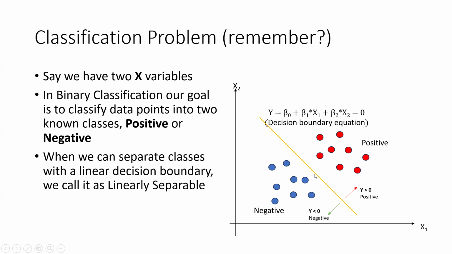All the data points on this side will have y value greater than 0. On this side, all the points will have y value negative. That is how you classify these two classes using this linear decision boundary.